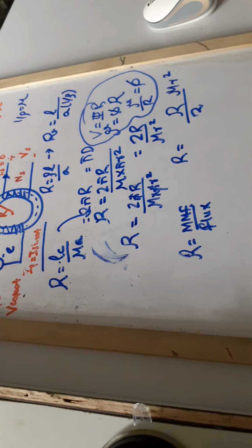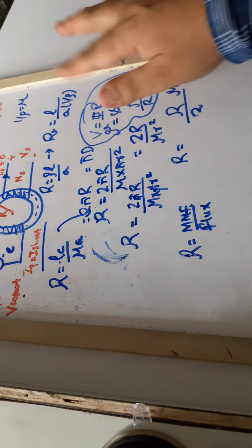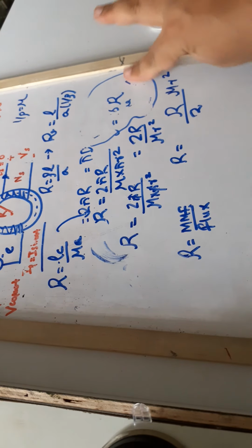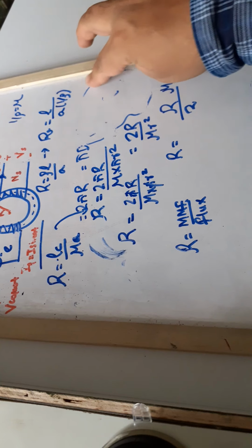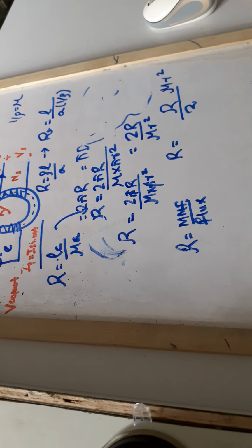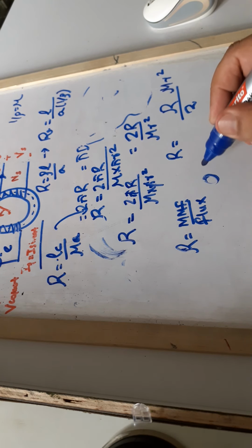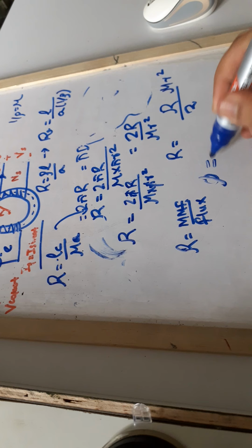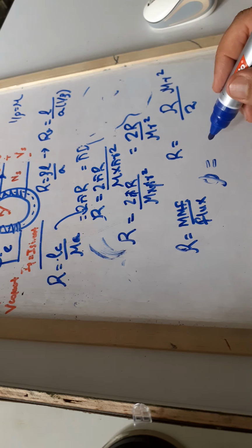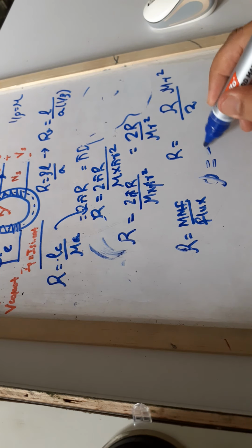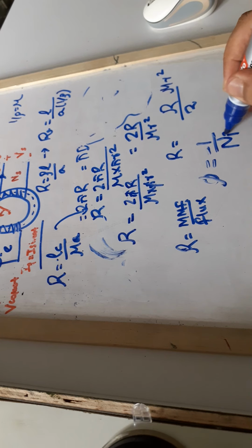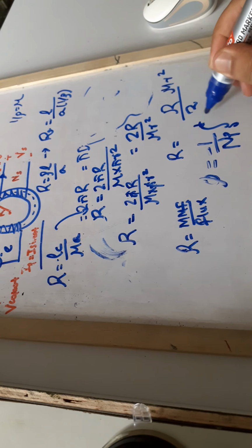Once you get the value of this, now you want the value of your flux. So how do you calculate the value of your flux? The flux can be expressed in terms of voltage, and that would be flux is equal to minus 1 by Np integral 0 to t of e dt.